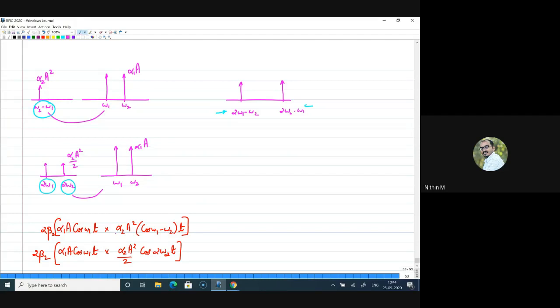The amplitude of each component will be, so this will give an amplitude of alpha 1 alpha 2 a cube multiplied with beta 2, right? And here this also will give components, sorry, with a smaller amplitude.